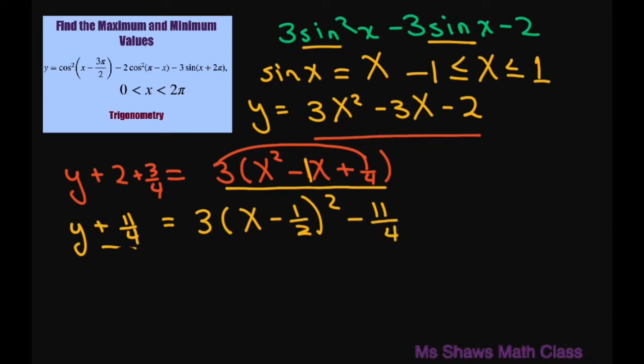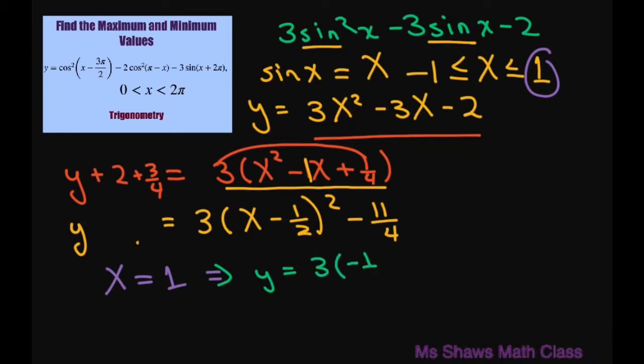All right. Now that we have that, let's look at where x equals 1. When x equals 1, you substitute that in and you're going to get y equals 3 times 1/2 squared minus 11/4.